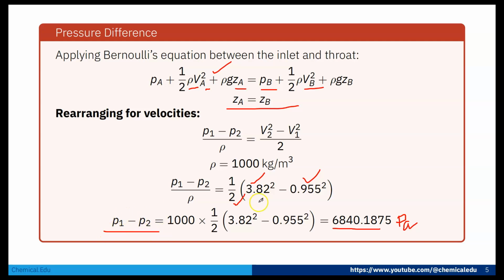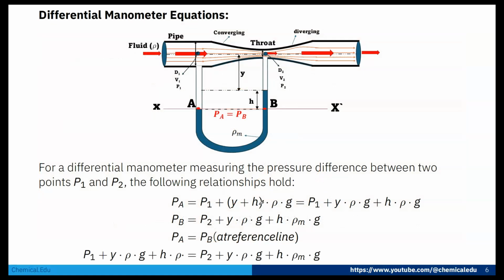Now we have to calculate P1 minus P2 through the manometer. Here we just consider the differential manometer, this portion. For a differential manometer measuring the pressure difference between two points P1 and P2, the following relationship holds. Now here we draw one horizontal reference line. Here the pressure PA is equal to PB. So first calculate PA.